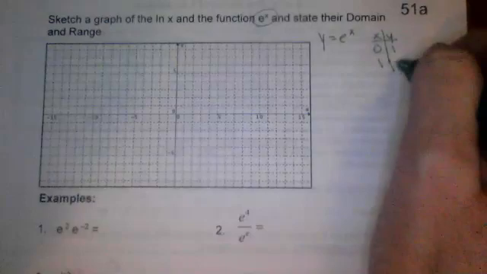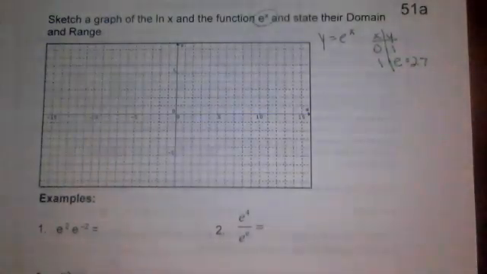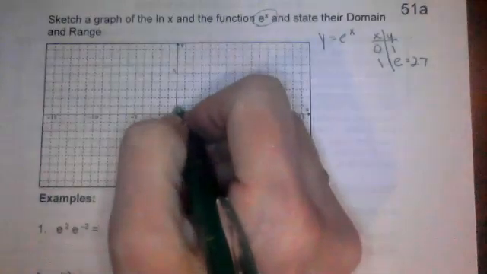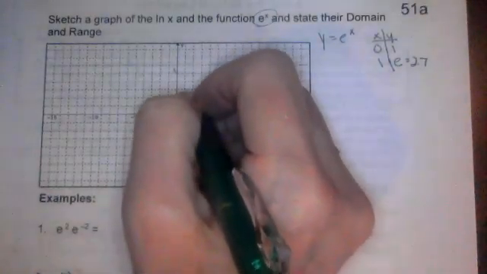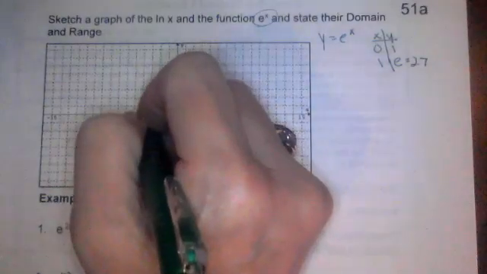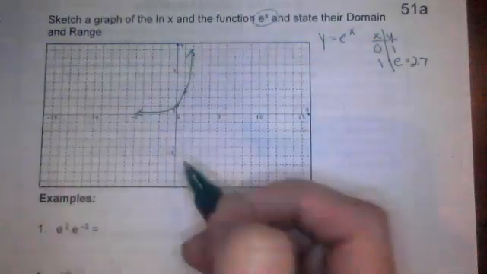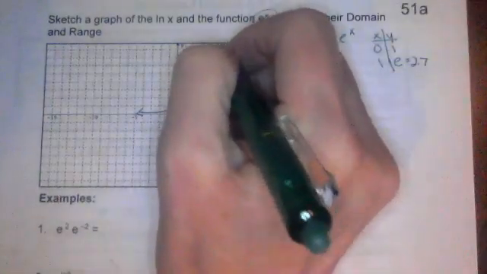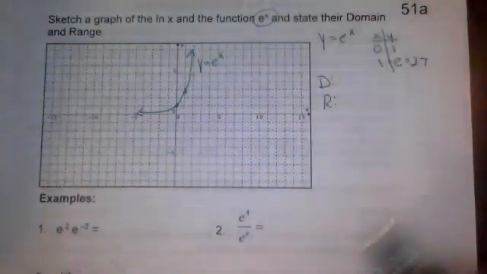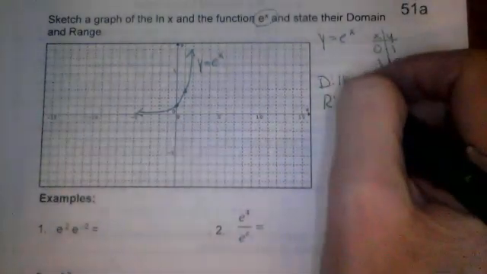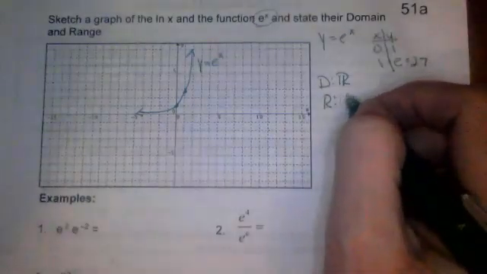When I put in 1, I get e, and e is about 2.71. So we have the points (0, 1) and (1, 2.7). So I know that this graph is going up like that. This is y equals e to the x. And so my domain would be all real numbers. My range would be from 0 to infinity, not including 0.